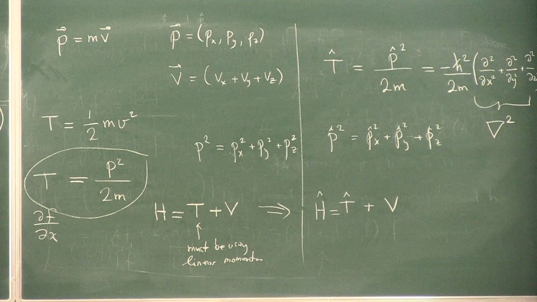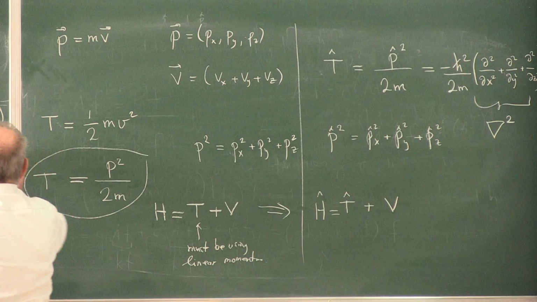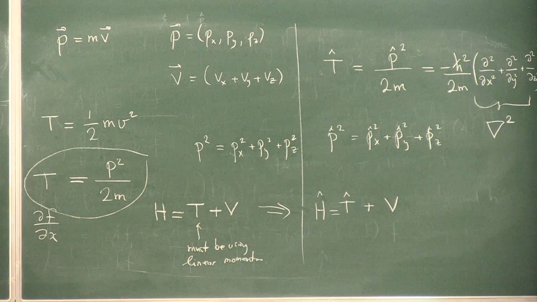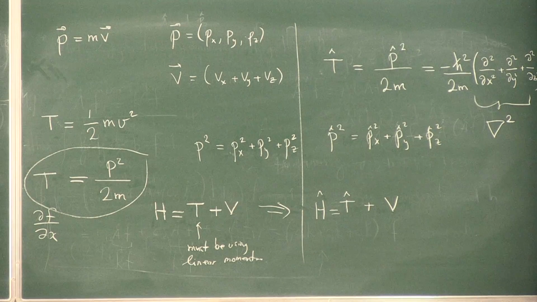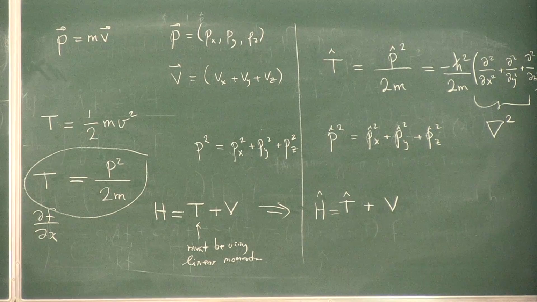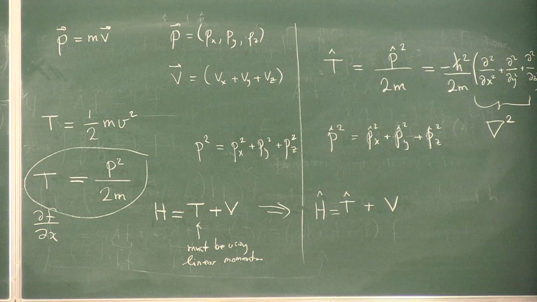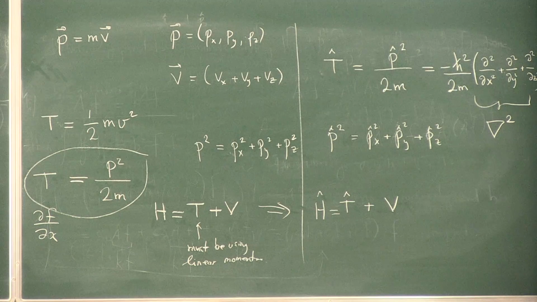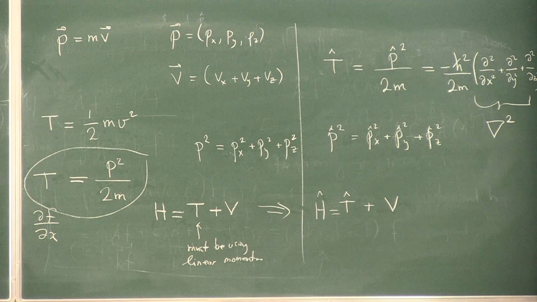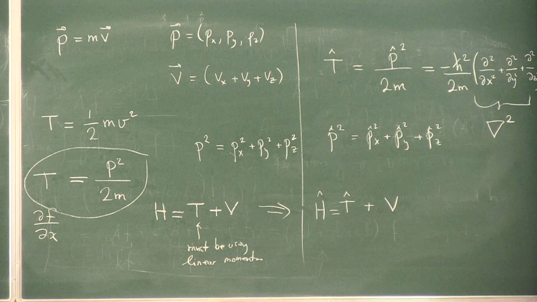Let us look at this example to move a little bit away from hard theoretical concepts. Show that the set of functions f_k, which is equal to e to the i times k times x.